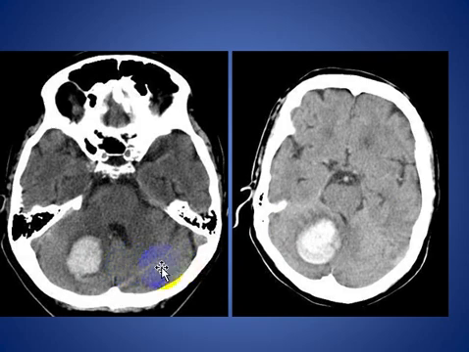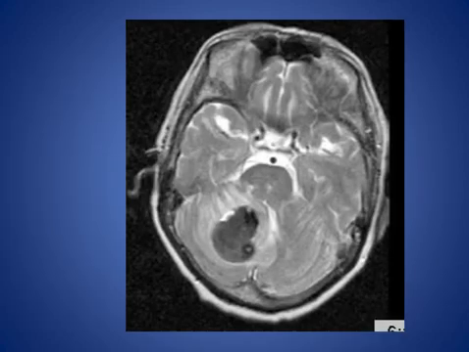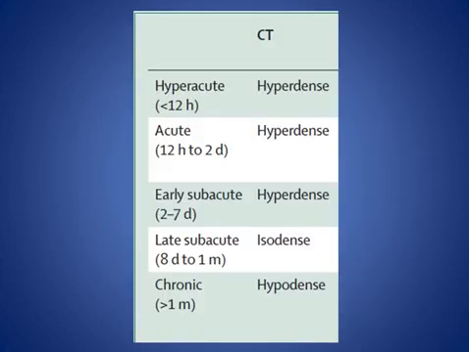Here, two patients with right cerebellar hemorrhage due to hypertension with mass effect on the fourth ventricle. Here, the same patient, the second one, with right cerebellar hemorrhage on T2 weighted imaging MRI.